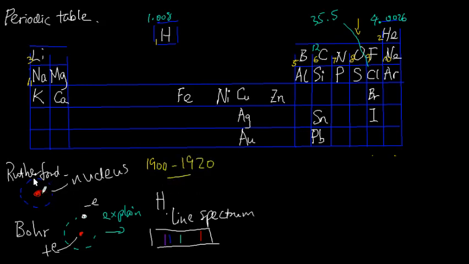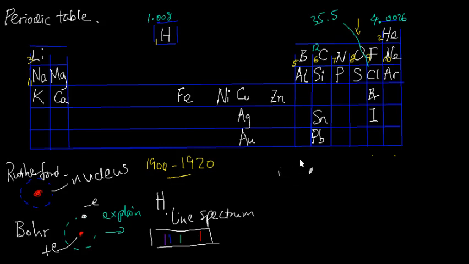During this period, we have Rutherford's nuclear model, the discovery of the nucleus, and Bohr's calculations, which explain the line spectrum, giving us a detailed understanding of how energy changes and how an atom might be described. And then shortly after Bohr's theory and explanation, there was Moseley's.